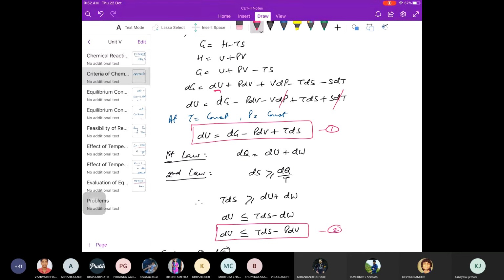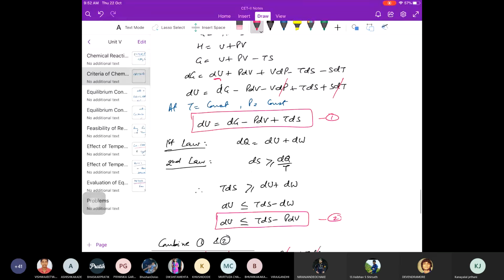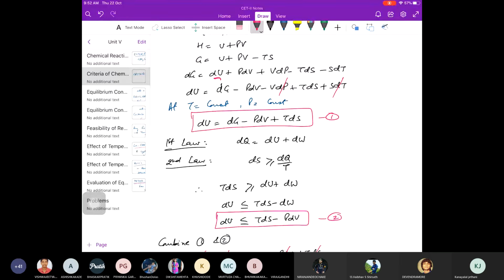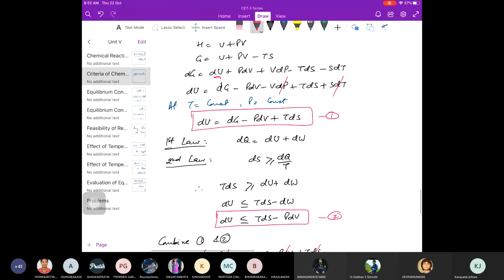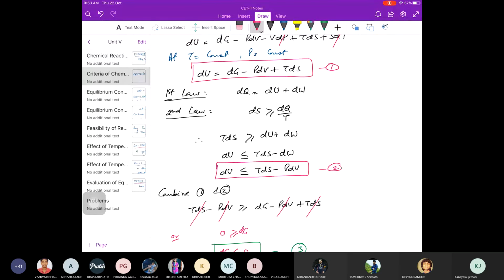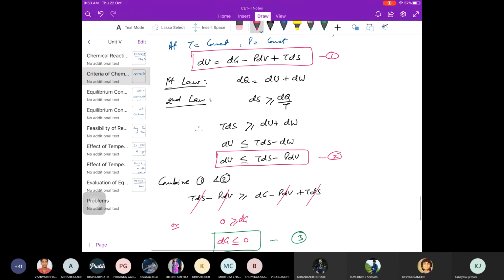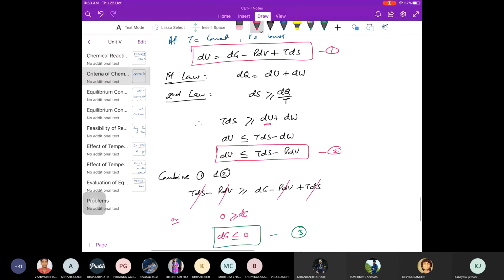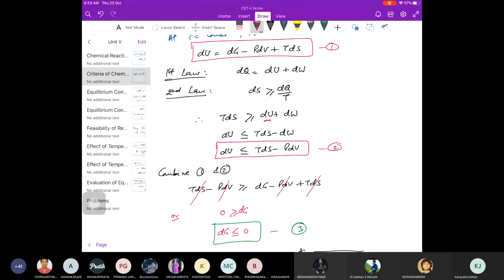Now first law says dQ is equal to dU plus dW and second law says dS is greater than or equal to dQ by T. So if you combine these two, what you get is TdS is greater than or equal to dQ, which is equal to dU plus dW. Or you can say dU is less than or equal to TdS minus dW, and dW is always PdV work, so it is dU is less than or equal to TdS minus PdV.